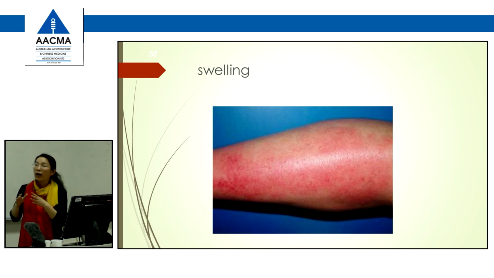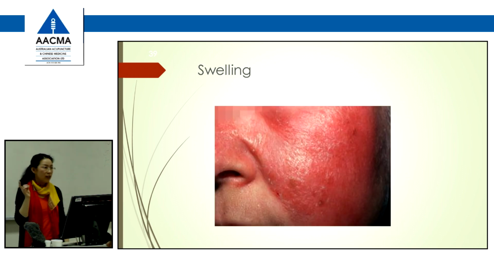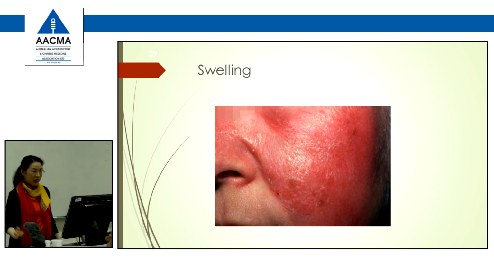That means swelling. And the other example, that's the face, the left cheek of an old woman. Maybe there's redness in the red cheek, and it's swelling. That's a kind of wet.